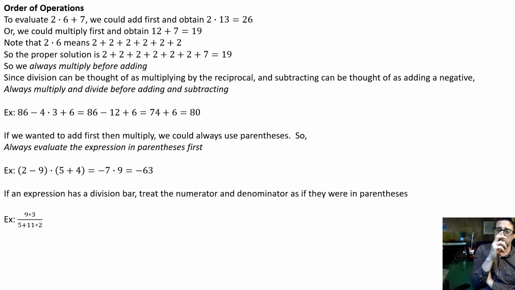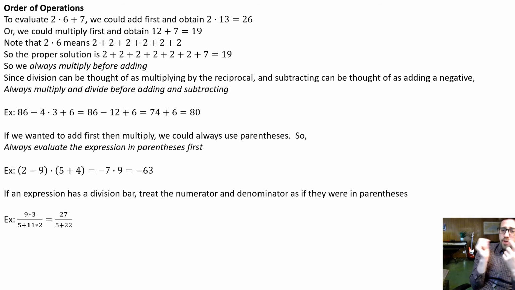You don't just need to do one thing at a time. So you know that we're going to do all the multiplication first. So 9 times 3 is 27. And then in the denominator, 11 times 2 is 22. Right, so it's like we're obeying order of operations within the denominator.